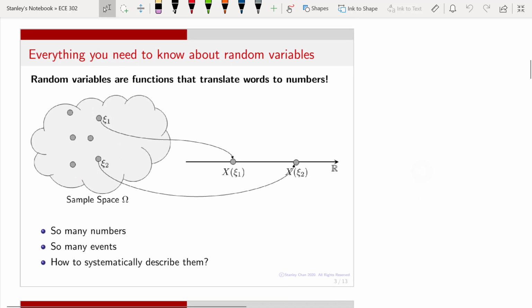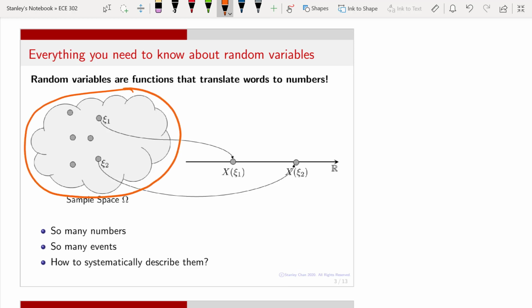So to start with, let me remind you what we have discussed in the previous lecture. We defined the random variable, and we say that a random variable is a function that translates words to numbers. If you recall this diagram, we all start with a sample space omega, where inside the sample space omega, we have many events, psi 1, psi 2, and so on.